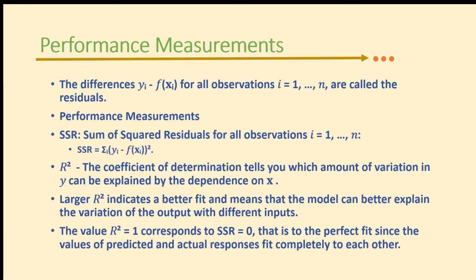If the R square is higher, the model is better. The R square value is in the range of 0 to 1. Having a higher R square is our aim in linear regression. If the value of R square equals 1, the corresponding SSR equals 0. So our goal for the regression model should be to have a higher R square value by minimizing the SSR value.